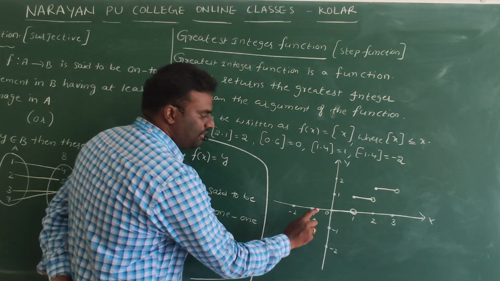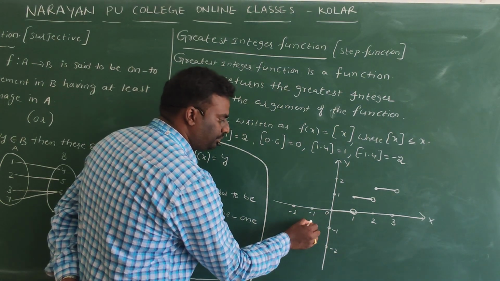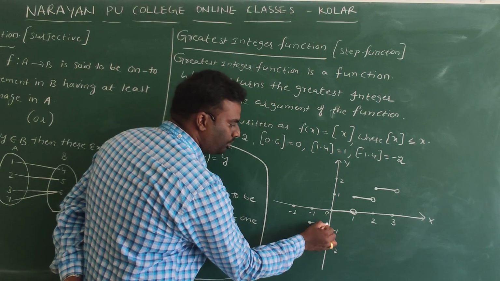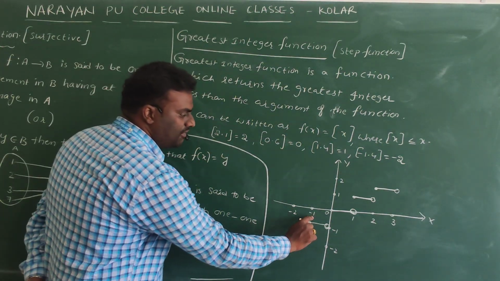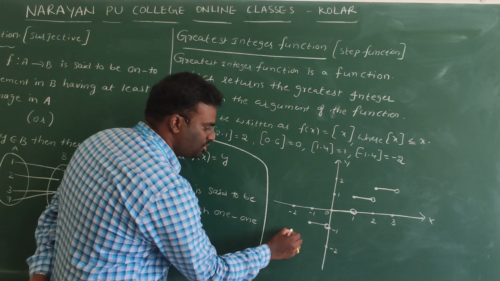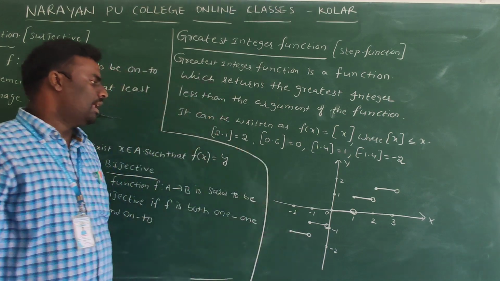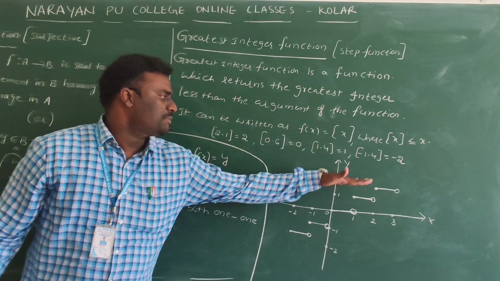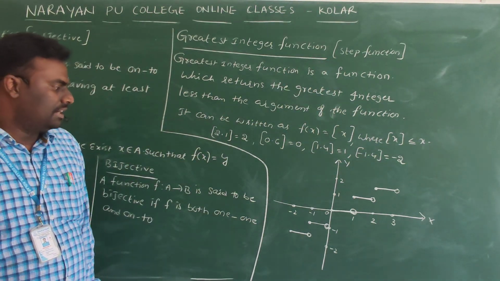If you take any value between minus 1 to 0, the value will be minus 1. If you take any value between minus 1 to minus 2, the value should be minus 2. Now observe the graph of this function is in steps manner, that's why it is called step function.